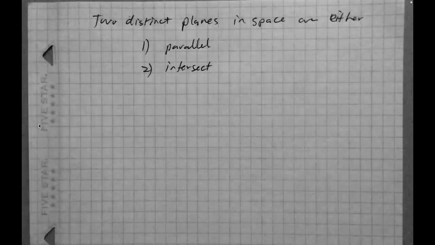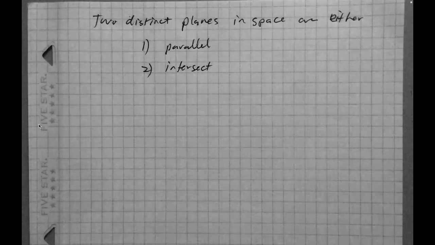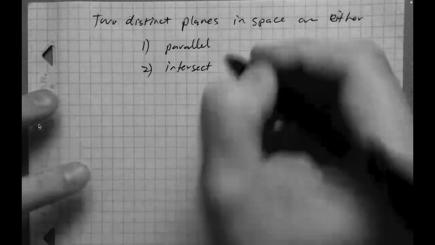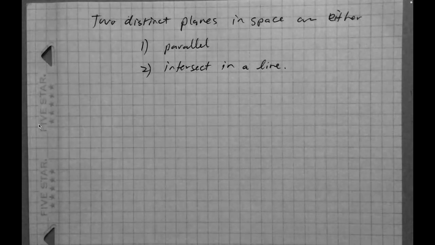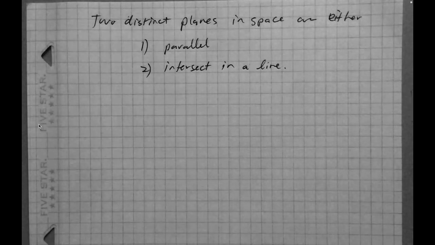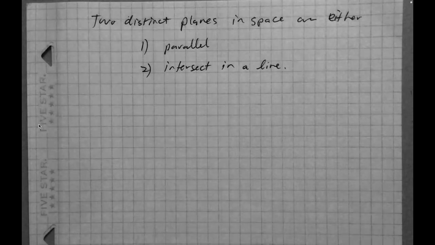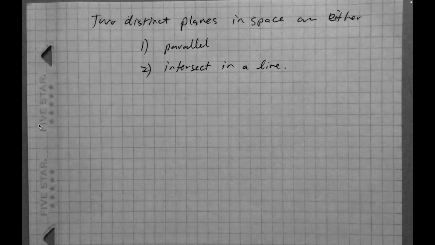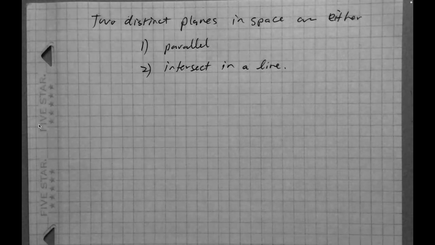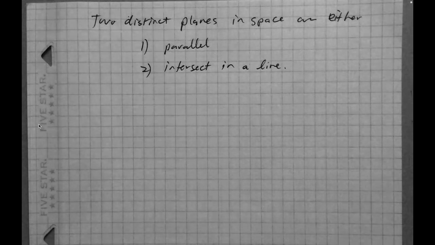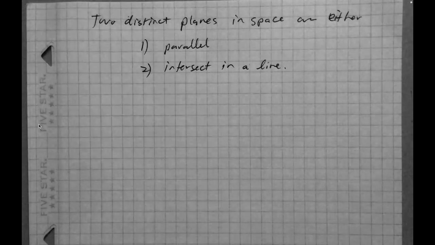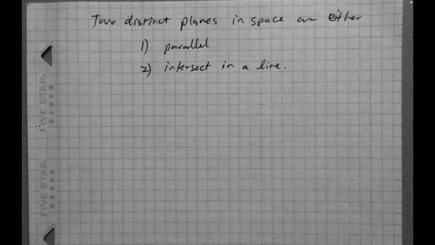What happens when two planes in space intersect? Well, they create a line. Just like in 2D space, when you have two lines that intersect, they intersect at a point. Well, in 3D space, when two planes intersect, they intersect in a line. And that's interesting in itself.